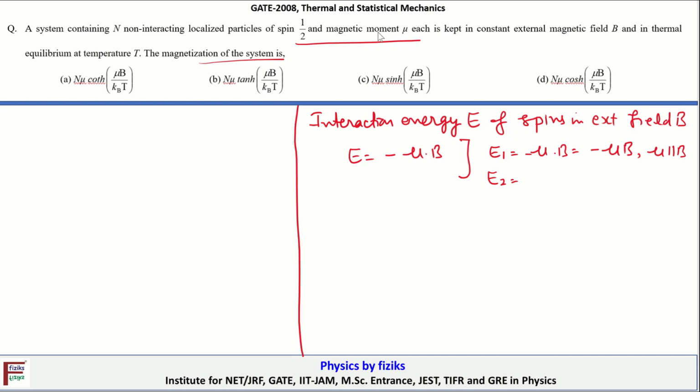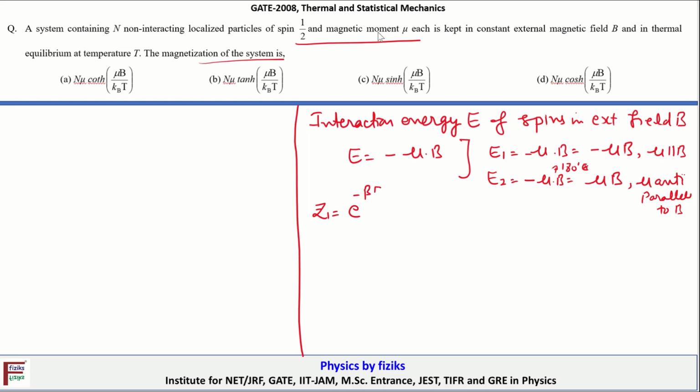Then cos pi will give us an additional minus sign, so the interaction energy in that case comes out to be equal to, with positive sign, mu B. That is when mu is anti-parallel to B.